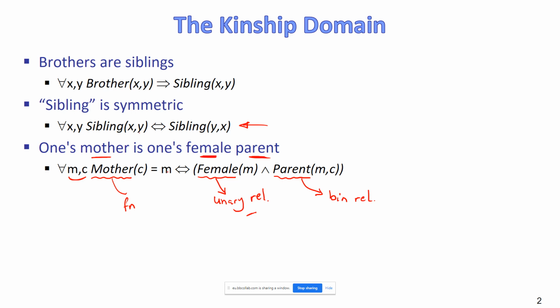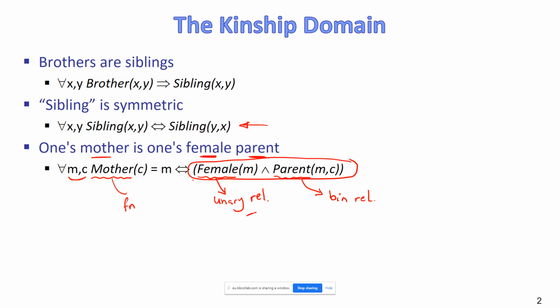You can look at it in a different way. You can say that both are two names of the same object, because they are actually names that refer to the same object. Okay, so what this sentence is telling us is that the mother of C is M, if and only if this condition is satisfied. What is that condition? M is female and M is the parent of C. Okay?